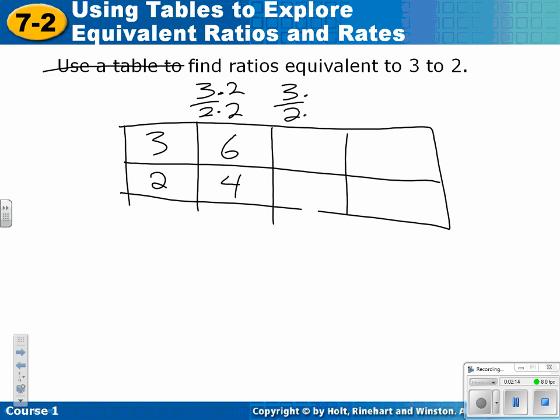Times what? What do we want to do? It doesn't matter. You can pick a number, any number. Okay, so you want to go times 5. Fine, times 5, times 5. So we end up with 15 to 10. That's fine. That works. No problem.